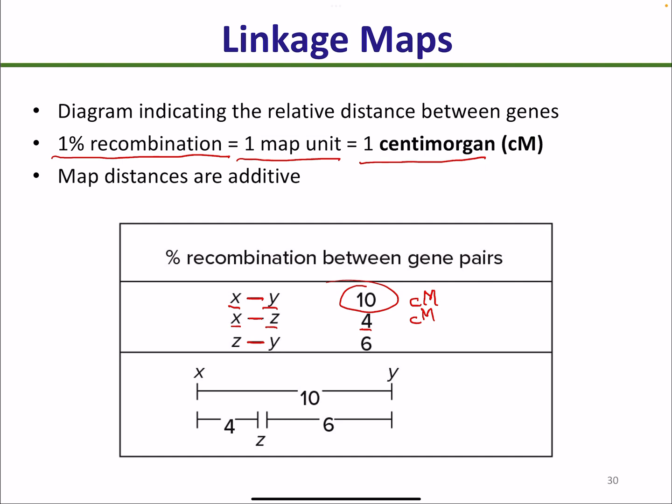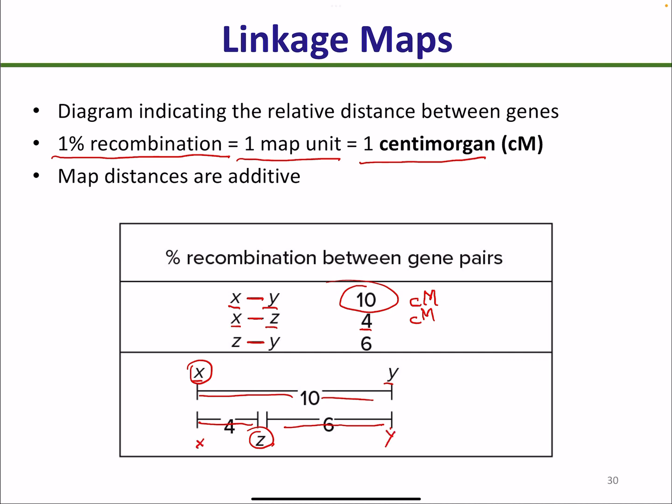So X and Y, the distance is 10, as you can see here, right? Between X and Z, the distance is 4. Between Z and Y, the distance is 6, right? So that Z sits between X right here and Y right here.